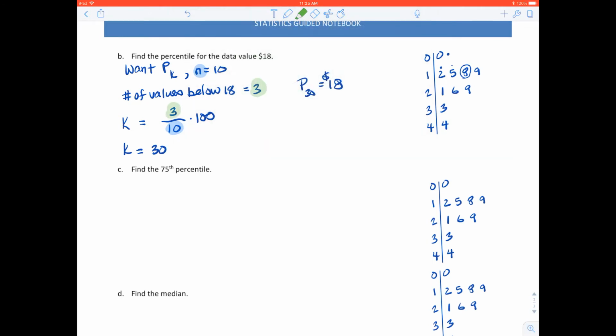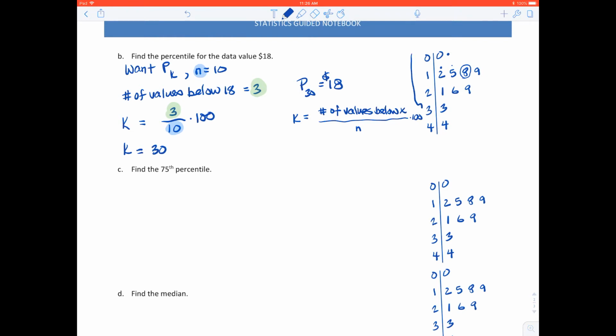And we solved for K. And the general formula was K equals number of values below X divided by N, and then times 100.